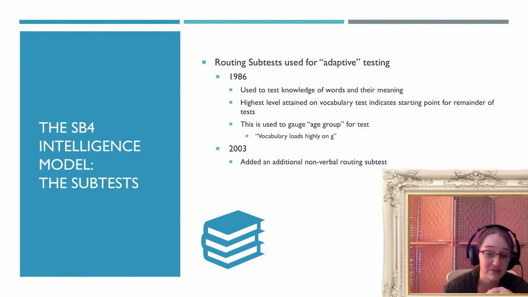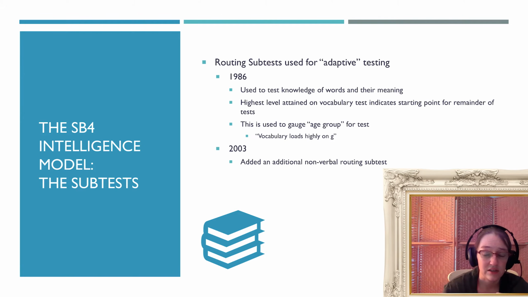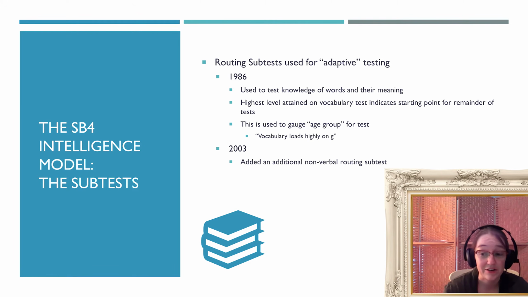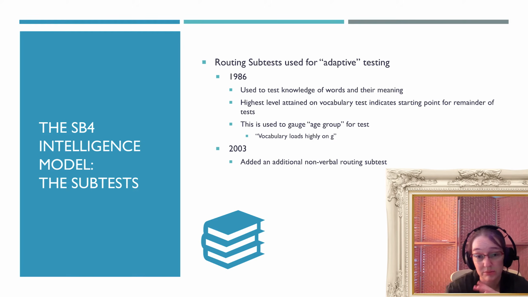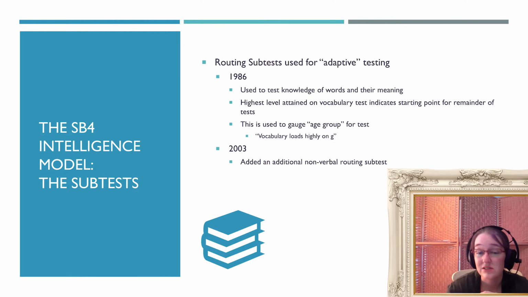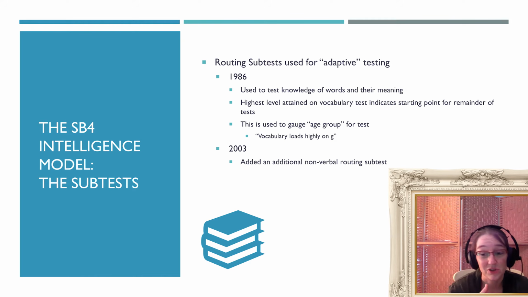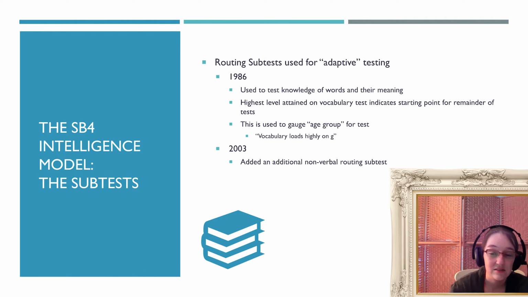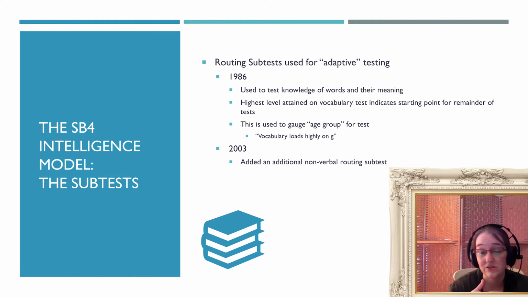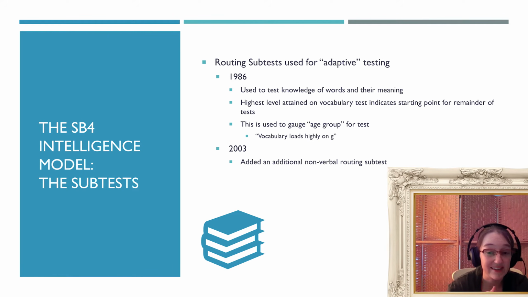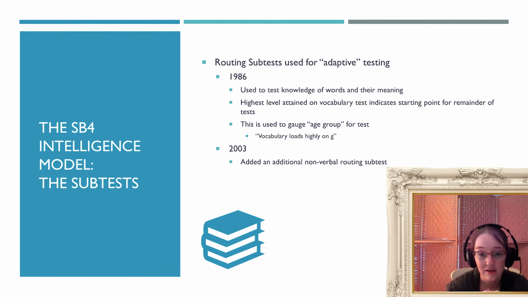It's adaptive in the sense that they'll move your difficulty level up or down based on your verbal ability. This is used to gauge your general age group. It's found in general that verbal ability, so vocabulary, is really heavily linked to G. Its correlation is really high.